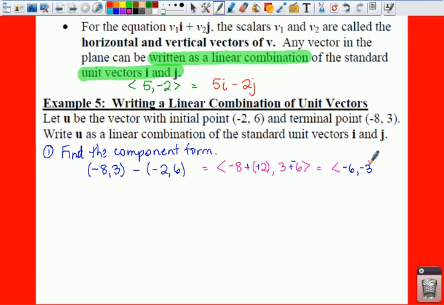Now when we write this as a linear combination, we write it in terms of i and j.